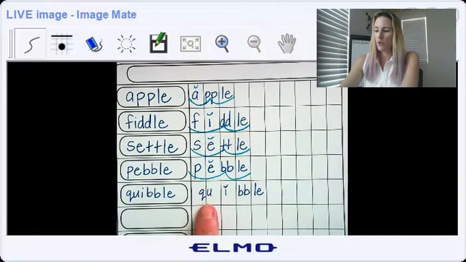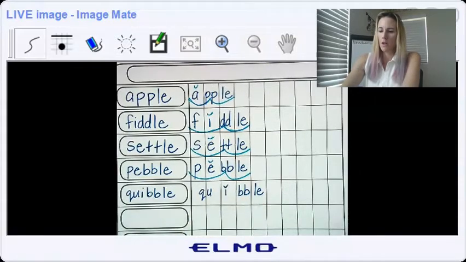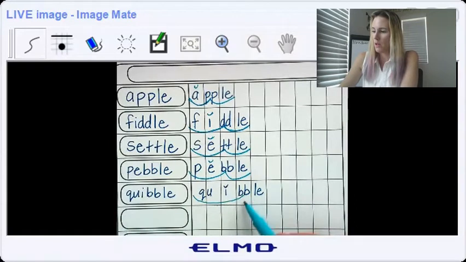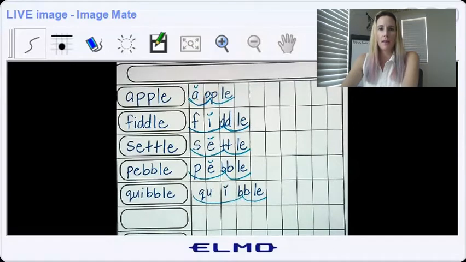And I put the QU together because those sounds have to go together. You don't have the Q by itself. They always go together. So Q, I, B, O. Now we have this double B, so we're going to split the syllables here. Quib, bull. And again, notice that you have that short I. That's the pattern I want you looking for with this first set of words.